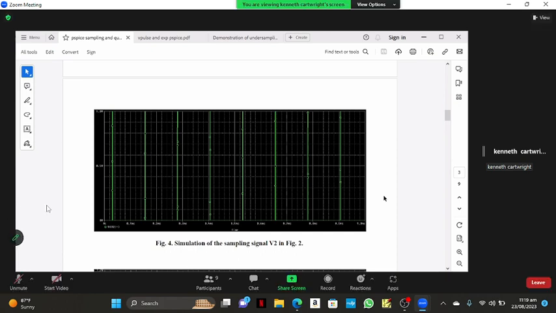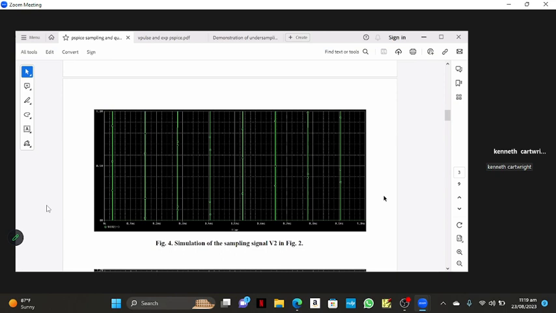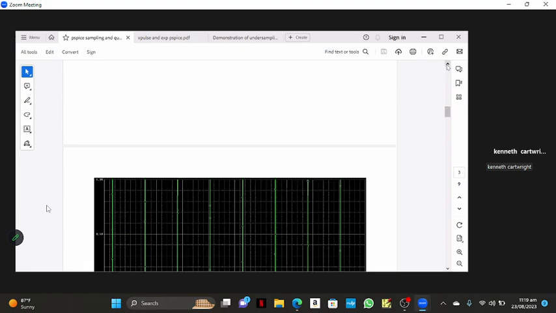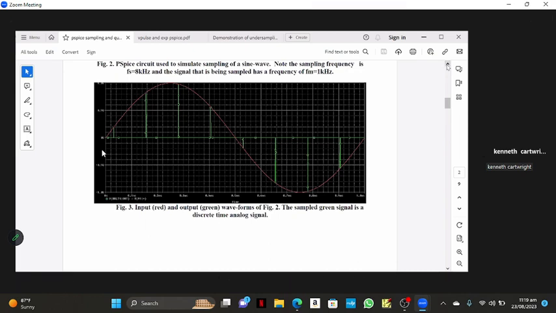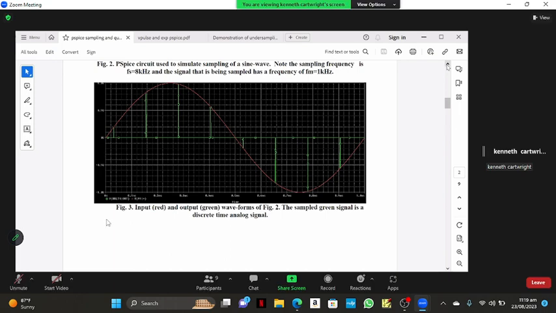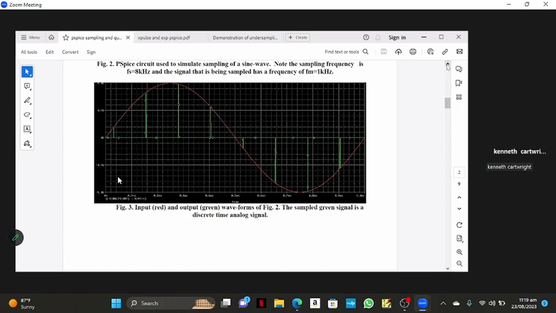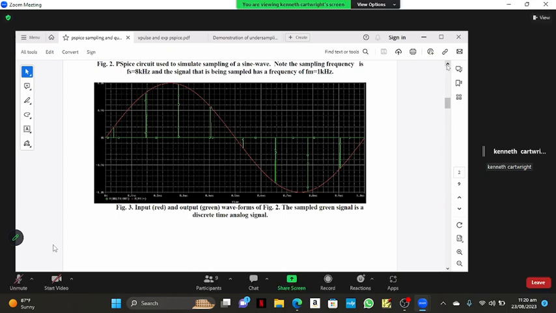Now, when I multiply the input by this sampling signal, I get the sampled signal, as we now see in figure 3. The red in figure 3 is my input signal. I multiply the red by the sampling signal, and I get the green. The green is my sampled signal.